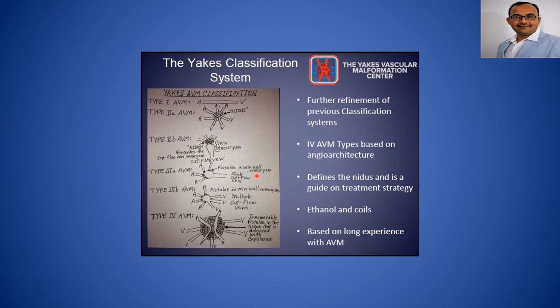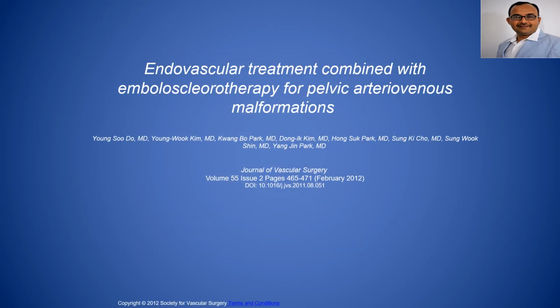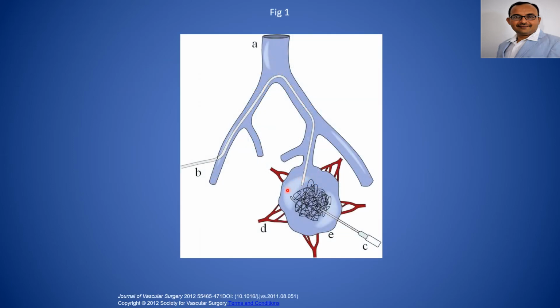So what we have to do is target this dominant draining vein from the transvenous side, or if possible directly puncture this vein, and fill it with multiple coils and wires. If you obstruct this draining vein, then this high flow vascular malformation becomes a low flow vascular malformation, and then you inject the ethanol from the transvenous side.